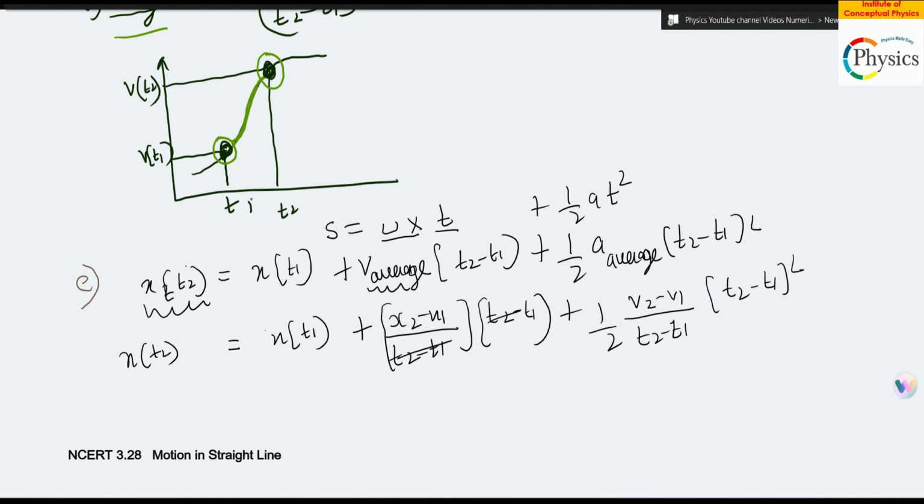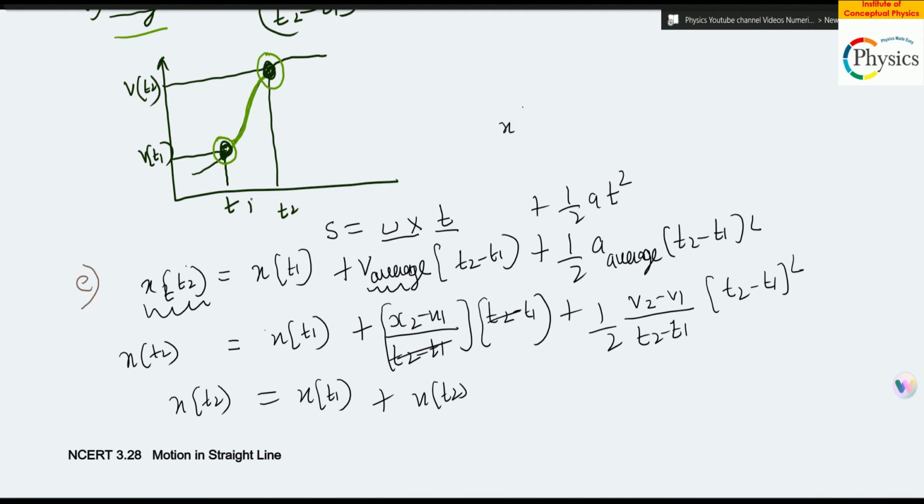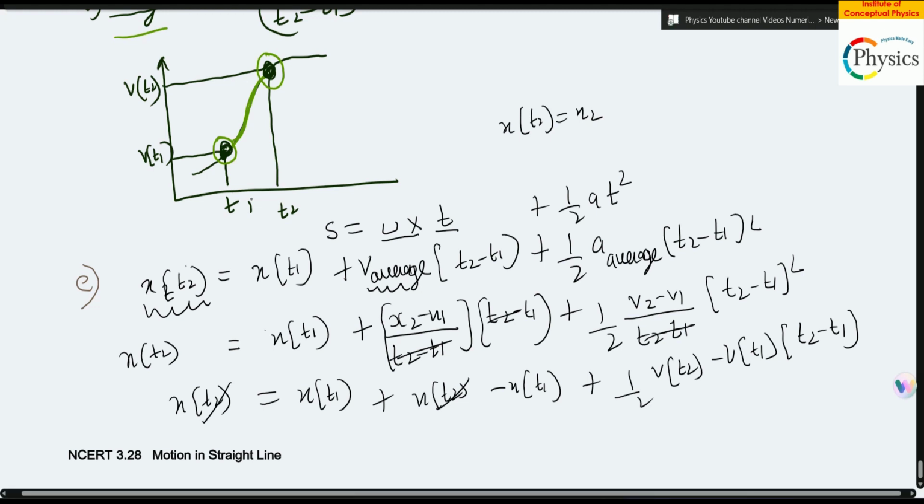We know the definition of average, right? So I'm just writing that. So this got cancelled. I have written X T2 as equal to X2, one and the same thing, minus X T1 plus half, this gets cancelled, V T2 minus V T1 into T2 minus T1, right? And so this gets cancelled. This also gets cancelled. What are you left with?